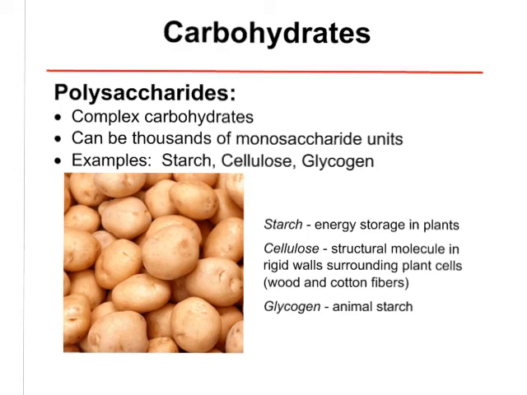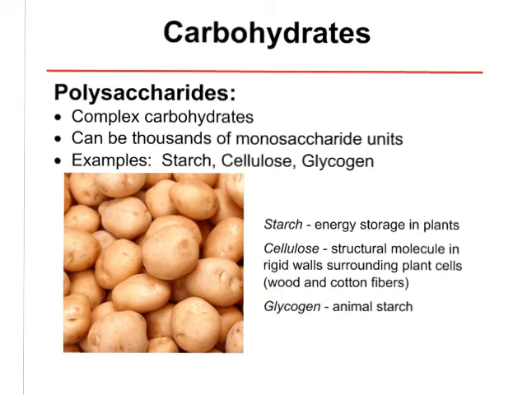Starch is a polysaccharide that is in plants. It's used as energy storage in plants. Cellulose is a polysaccharide that we find functioning as a structural molecule in the rigid walls surrounding plant cells.